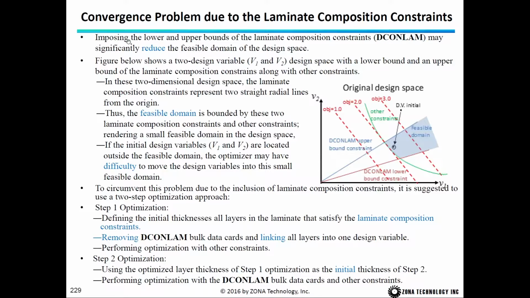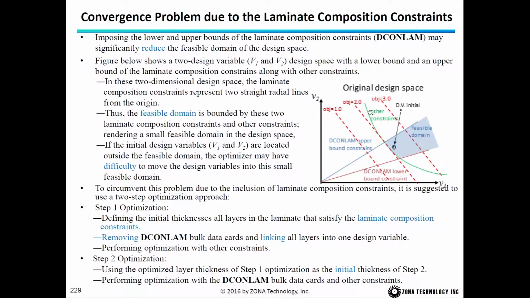Imposing the lower and upper bounds of the laminate composition constraint DECLAMP may reduce the physical domain of the design space. The figure shown here is a two-design-variable design space, V1 and V2, with the lower bound and the upper bound of the laminate composition constraint along with other constraints.